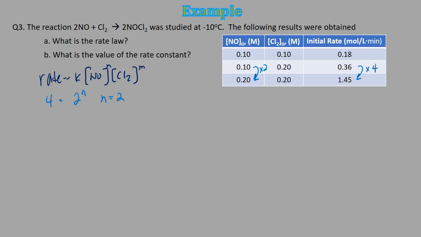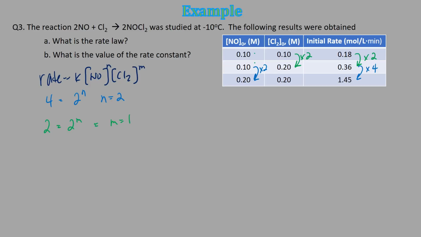And then for chlorine, I can use this one because my nitrogen monoxide is staying constant. And right here doubles, and this doubles. So I would have 2 is equal to 2 to the M, and so M is equal to 1.